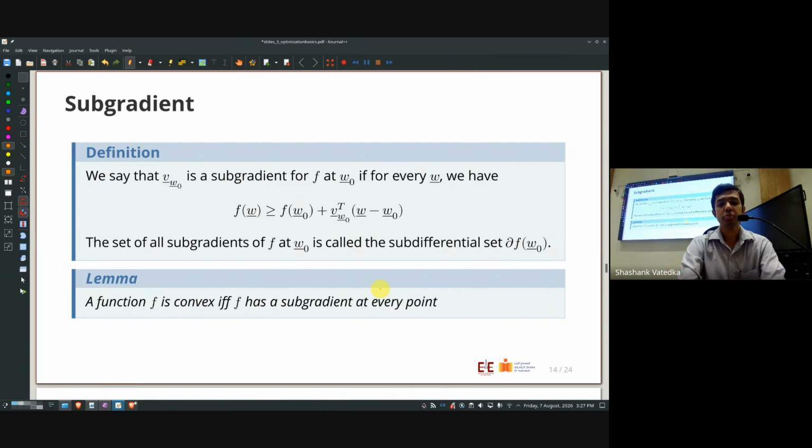Because let's say you want to minimize the hinge loss, or as we'll explore later on, some activation functions which are not differentiable. The ReLU, for example, is not differentiable. Right? So then you can't use simple gradient descent because it's not differentiable. You instead replace that with the subgradient.